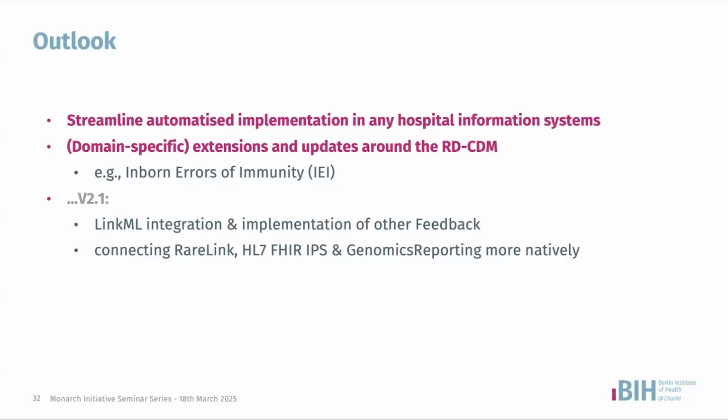So instead of having my own JSON schema, you could also have your own JSON schema in LinkML, but you can have loads of other functionalities around it. And we will implement other feedback we already received, and we would also think about connecting RareLink, the FHIR IPS, which is the International Patient Summary, and genomics reporting more natively. And our data model could then also serve as a potential baseline model for country-specific rare disease common data models.